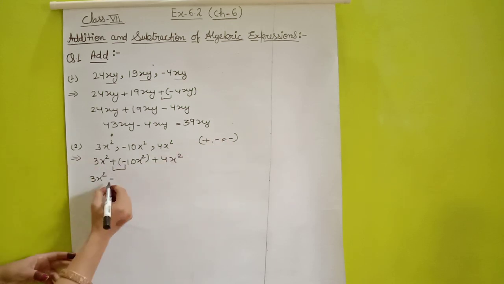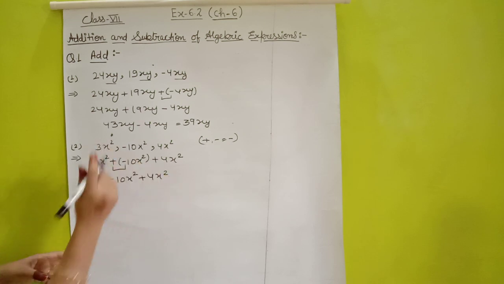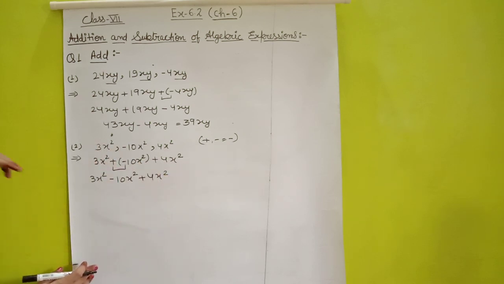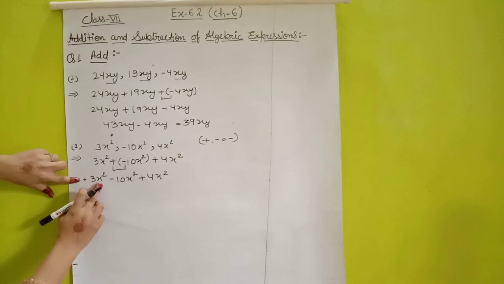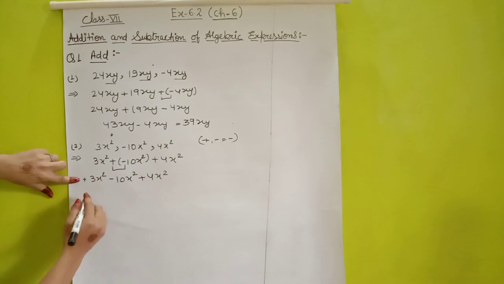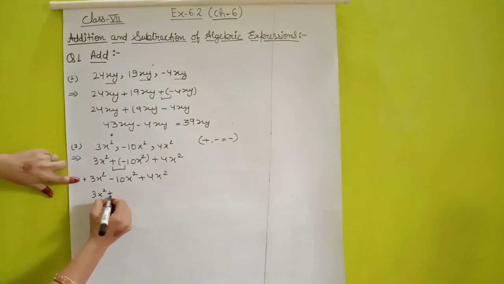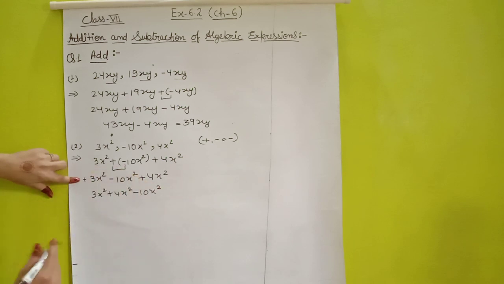So here minus will come, 10x square, then plus 4x square. Now 3x square, no sign is given here. It means it is having plus sign. 3x square is having plus sign, 4x square is having plus sign. So we can write them together. So 3x square plus 4x square minus 10x square. Same signs I have written together.